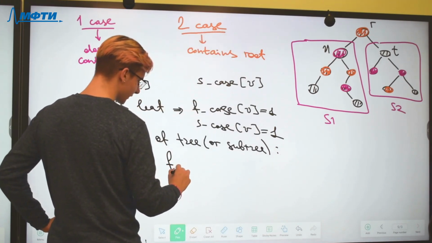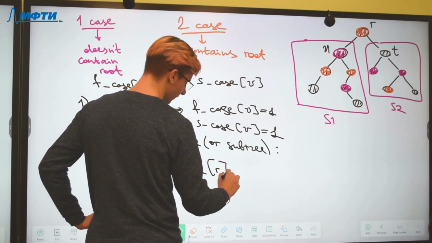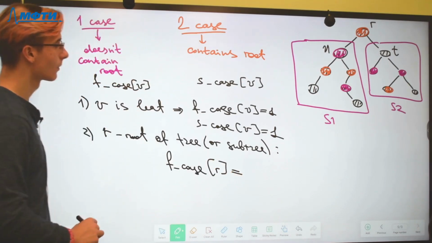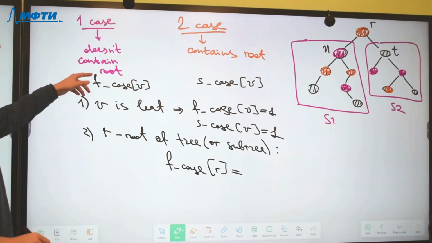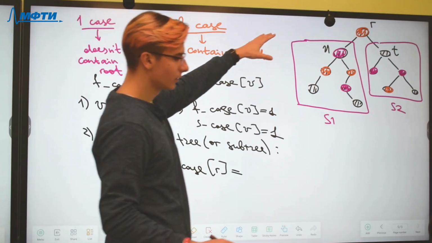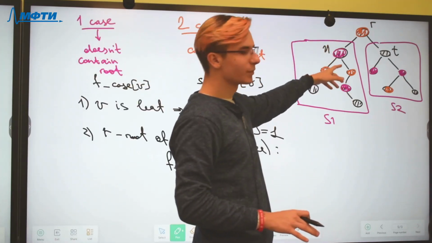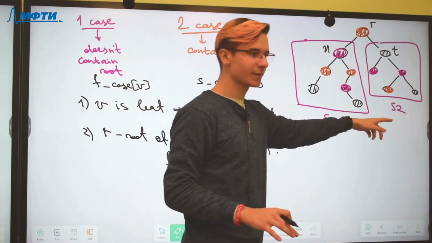We say that the first case of R, which doesn't contain the root, we can get the union of two independent sets in different subtrees.